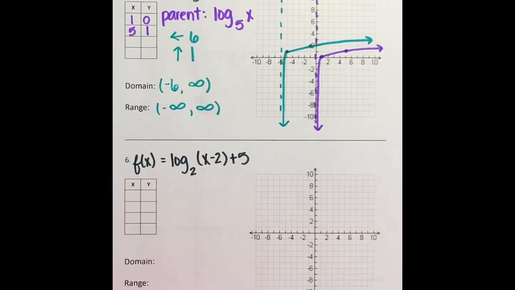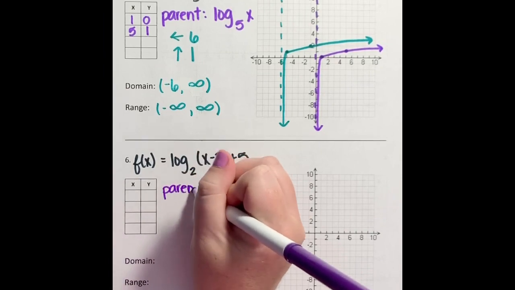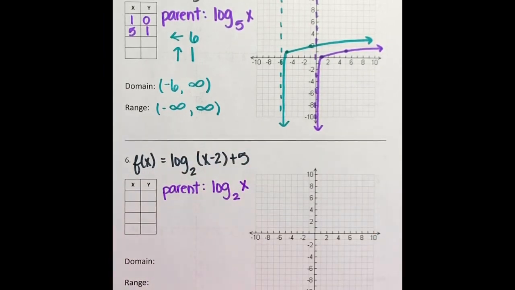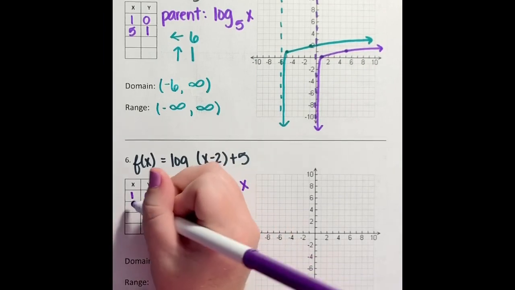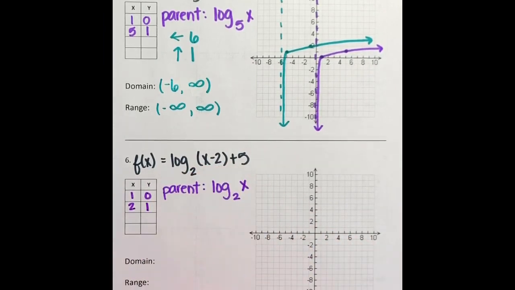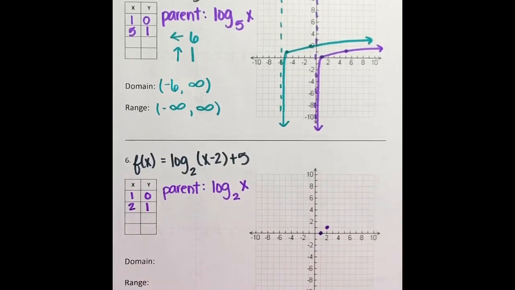Example number 6, let's go ahead and identify our parent function. When I plug in my point 1, I will get 0. And when I plug in my base, which is 2, I will get 1. Go ahead and plot those points.